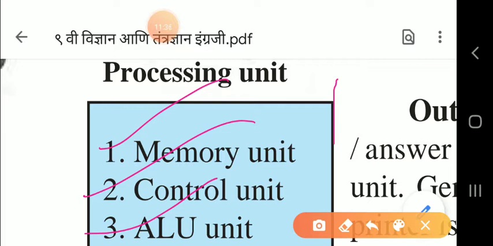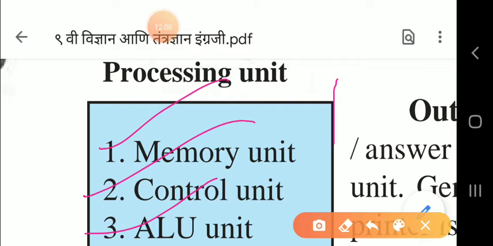The control unit is the central processing unit which regulates and integrates the operation of the computer. It selects and retrieves the instructions from main memory in the proper sequence. And what is the ALU, children? ALU means a digital circuit which is used to perform arithmetic and logic operations such as addition, subtraction, multiplication, division, etc.